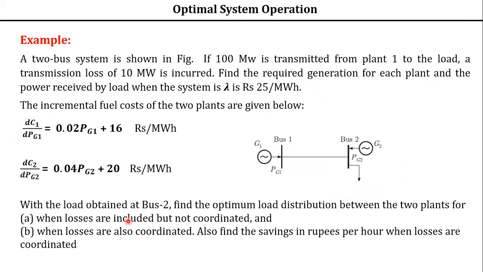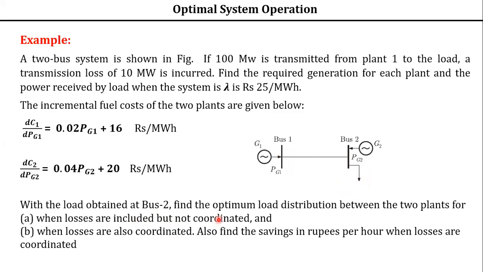There are another two questions with the load obtained at bus 2. That means from this question we are going to obtain the load at bus 2. With that load, find the optimum load distribution between the two plants, that is PG1 and PG2, when the losses are included but not coordinated.